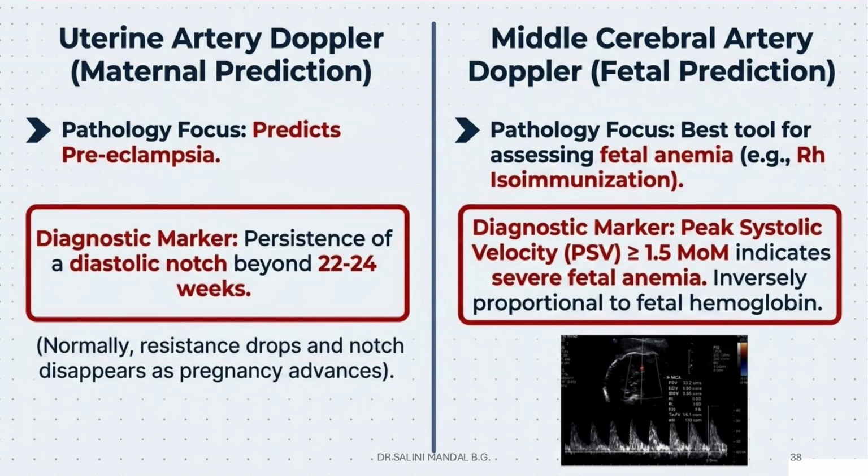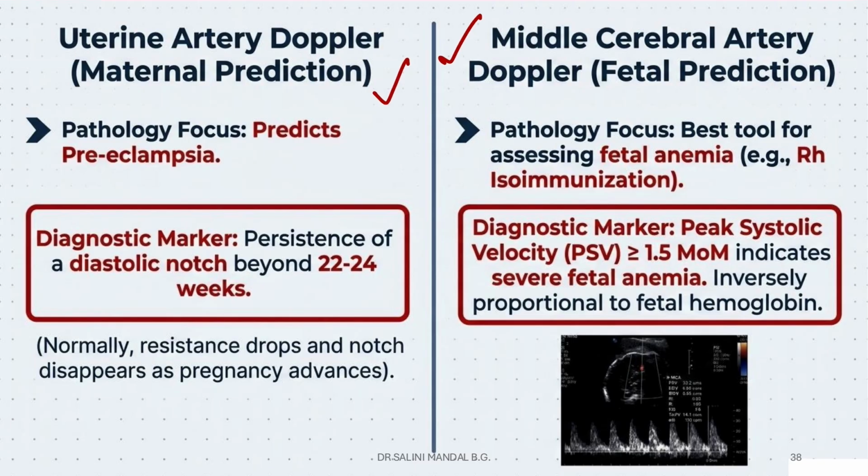What you need to remember is how we are going to understand it. Check the uterine artery Doppler, which is going to give you maternal prediction, and also check the middle cerebral artery Doppler for fetal prediction. The uterine artery Doppler tells you whether there can be preeclampsia. If there is a diastolic notch beyond 22 to 24 weeks, that is a diagnostic marker for preeclampsia.